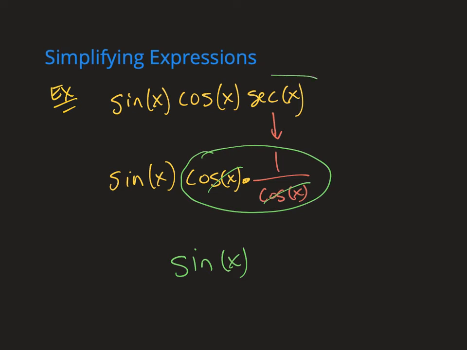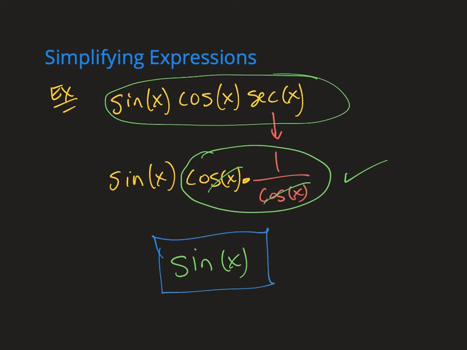So I took something that's a little bit more complicated, used an identity, oops, that was supposed to be a check mark, used an identity, did a little algebra, and I came up with something simpler. And that's what we mean by simplifying expressions. Let me show you one more.